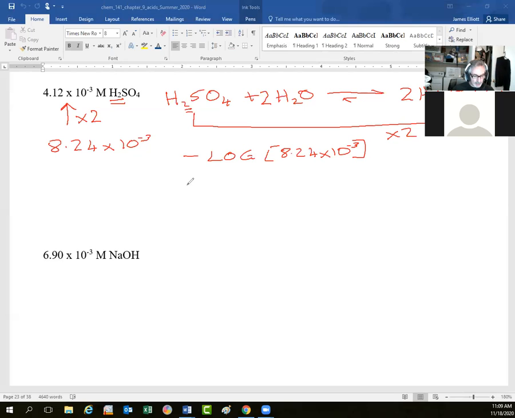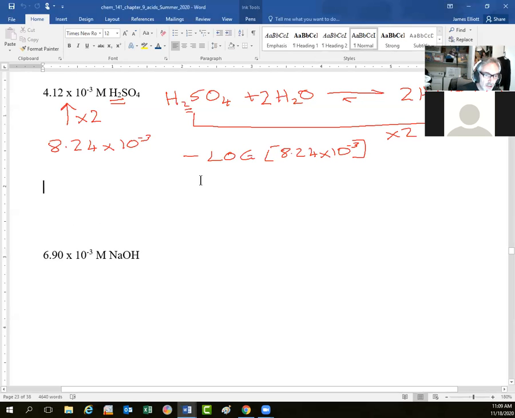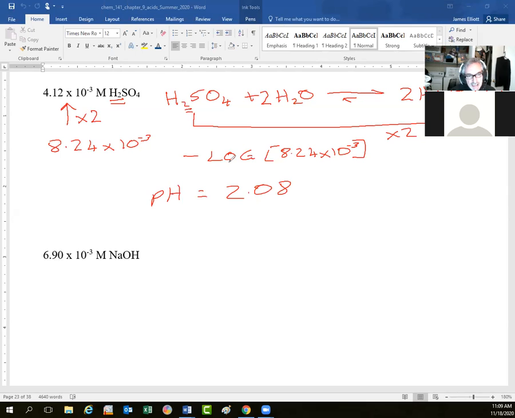That looks like it comes to 2.08 for the pH, because we were taking the negative log of hydronium ions, which is double the concentration of the original acid, because we've got a strong diprotic acid, giving away 2 protons each time.